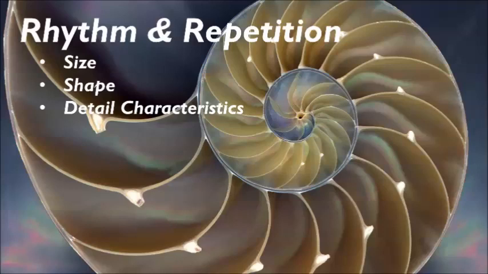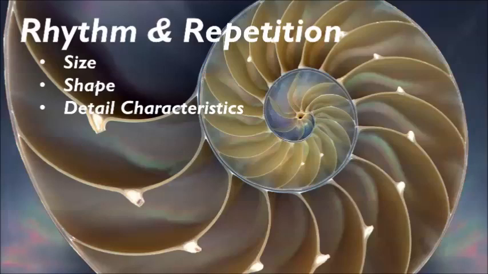So it could be through the size of an element, it could be through the shape of various elements, or individual detail characteristics. When we talk about detail characteristics, it doesn't necessarily have to be on every single object, but here in the nautilus shell, it might be that individual tiny ridge or that tiny rib in the middle.